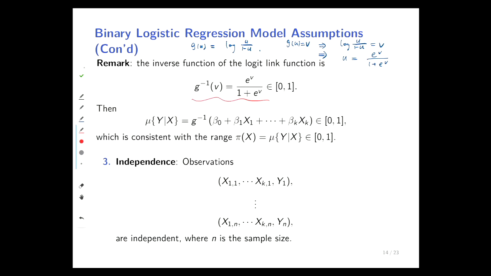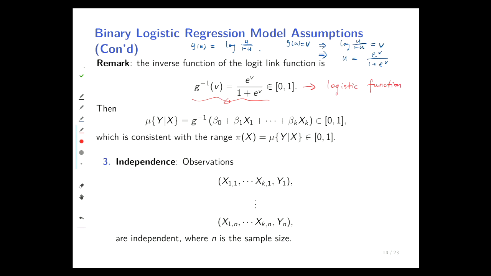So I think these are the two normally used functions in this course, the logit function and also the inverse of the logit function. What you need to do here is just to know this is the inverse function, and this inverse function has a name, which is called the logistic function.